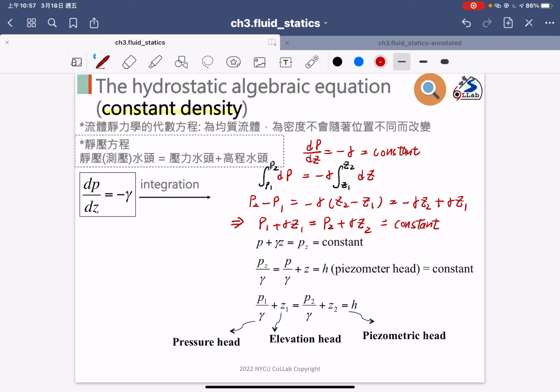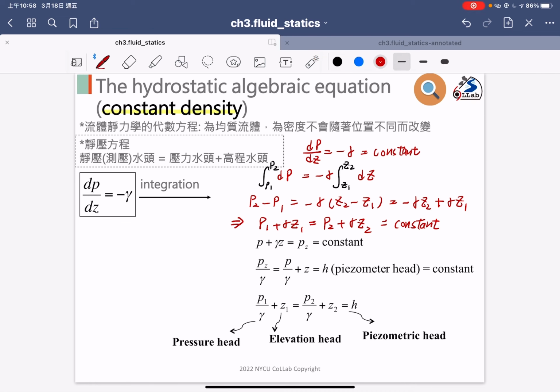That holds for a liquid with the same density. P1 is the pressure, and gamma Z1 is the pressure related to the elevation, because at different elevations we have different pressure. We usually call this the piezometric pressure, PZ.